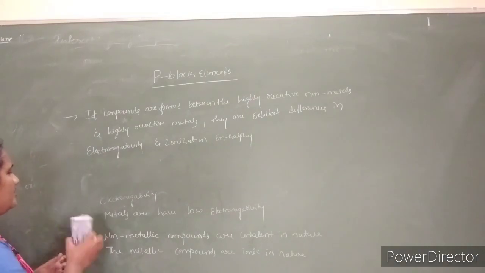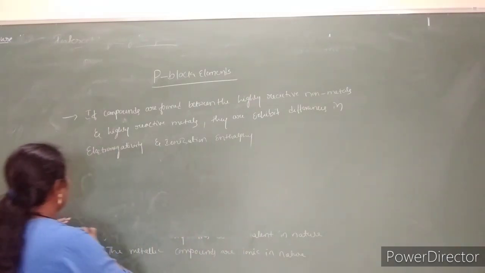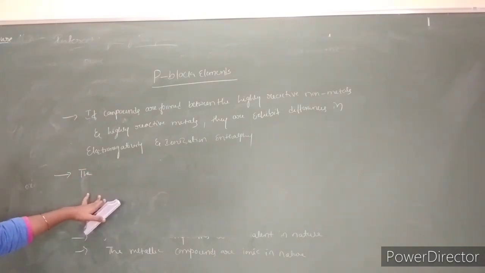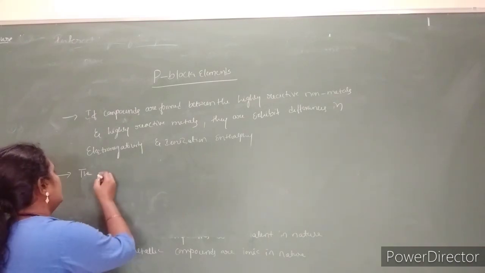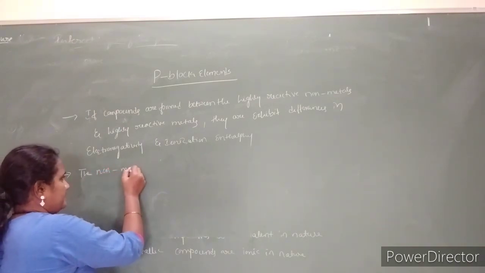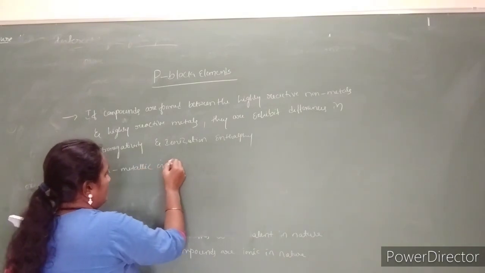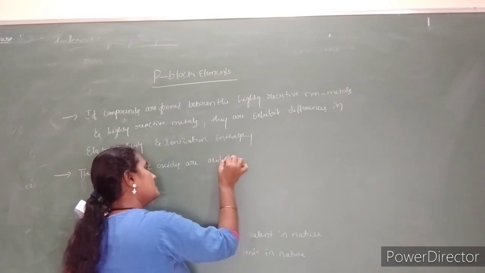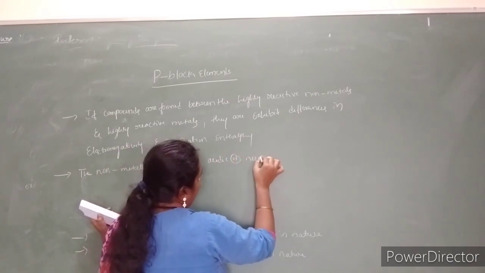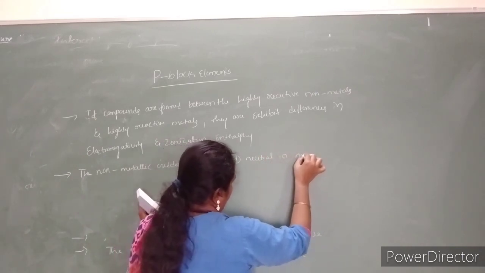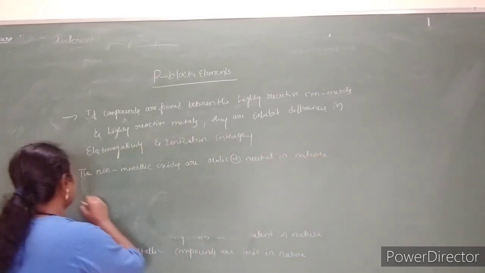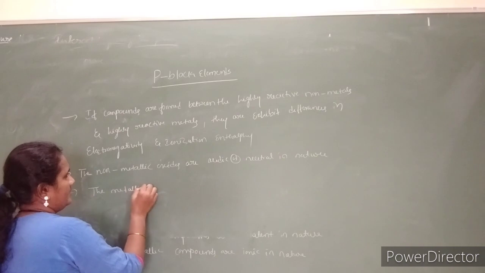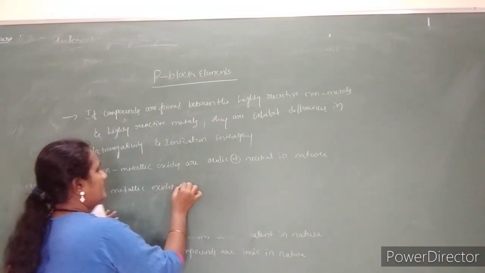So the non-metallic oxides are acidic or neutral in nature, but the metallic oxides are basic in nature.